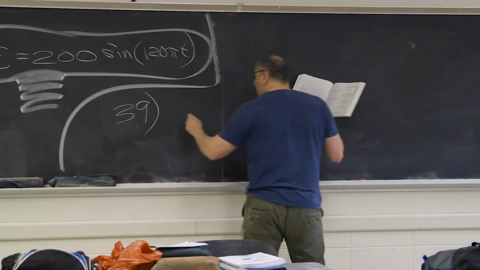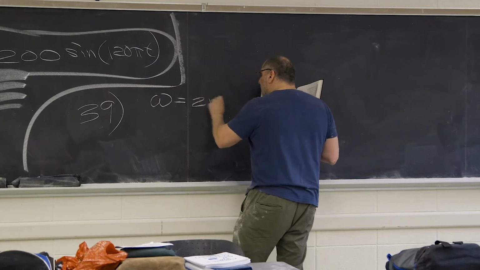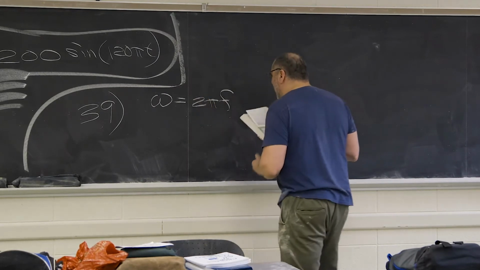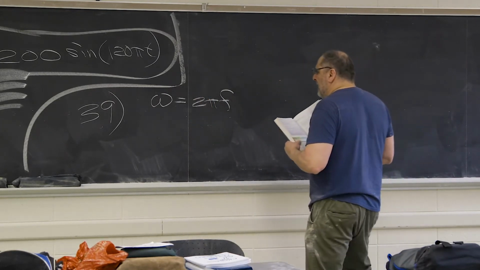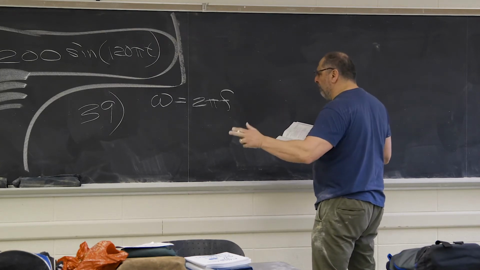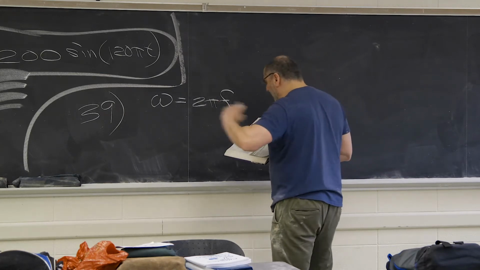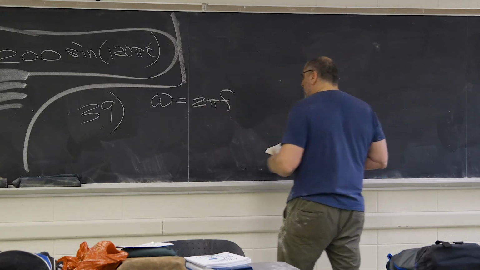Omega is the frequency of oscillation of the current itself. It's a lot like what we did in Physics 209, mechanics, where a mass was oscillating back and forth. Well, the mass in this case is the current, if you will. So omega is 2 pi f.